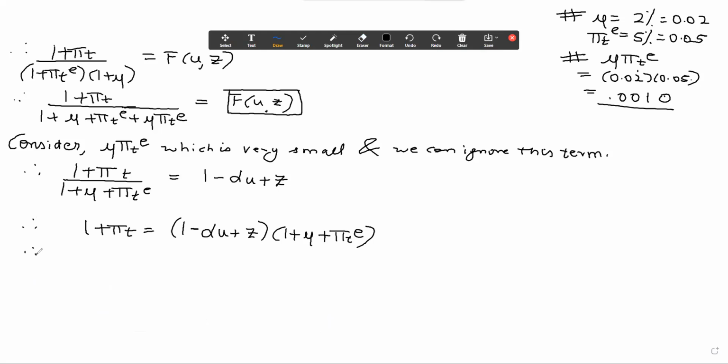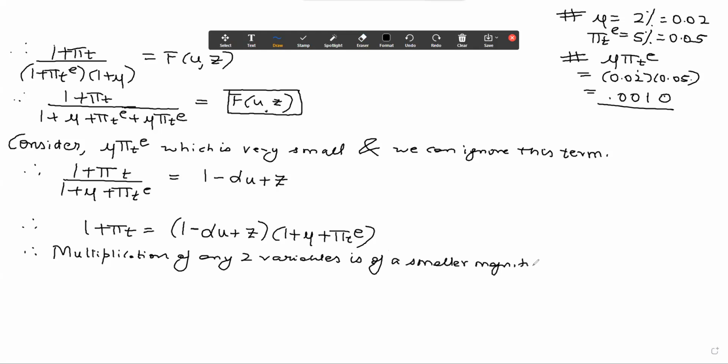So guys, when I open up the brackets again, multiplication of any two variables is very small, is of a smaller magnitude, and can be ignored.